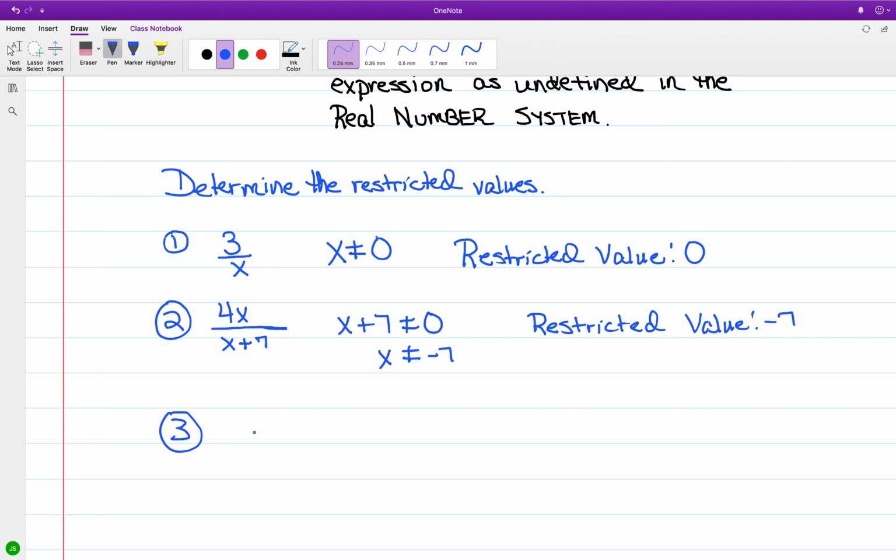Now let's say we have another rational expression, 4x squared plus 3 over x squared plus 10x minus 24. Again, the restriction is going to come from the denominator. So x squared plus 10x minus 24 cannot be 0.